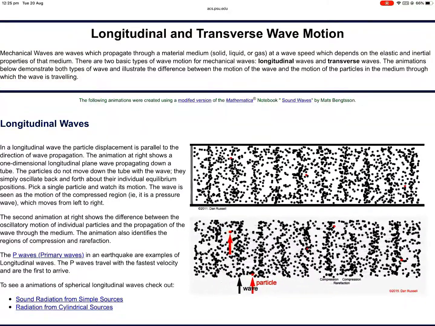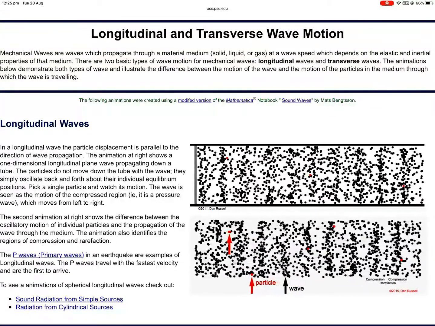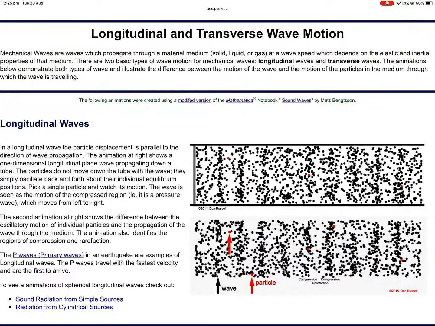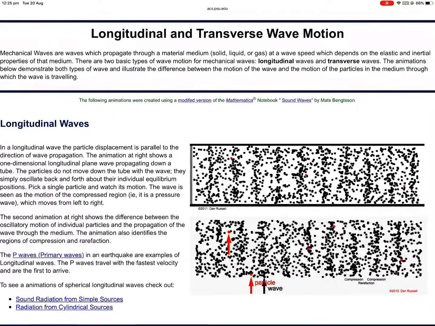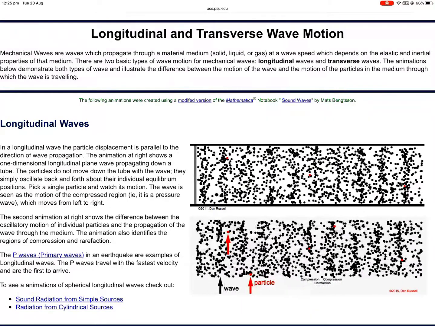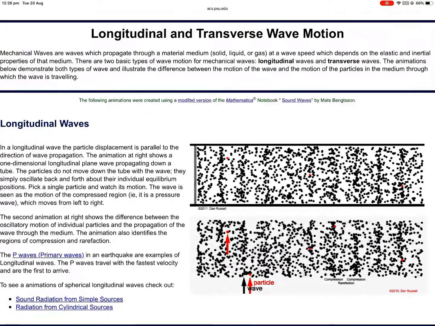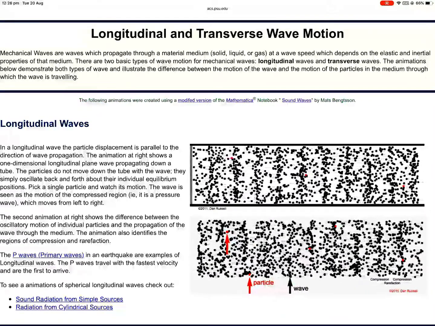They move backwards and forwards, they vibrate. But by moving backwards and forwards, they push the particle next to them and move that along. So it's important to note the particle moves in the same direction as the wave, but it doesn't move the whole length of the wave, it vibrates backwards and forwards. Now we can go on to sound.